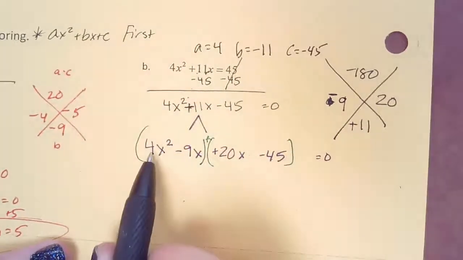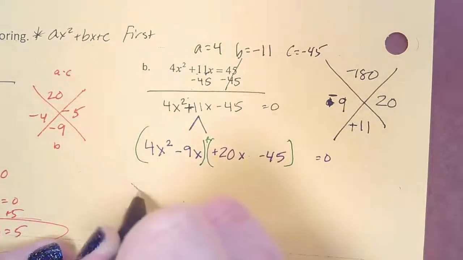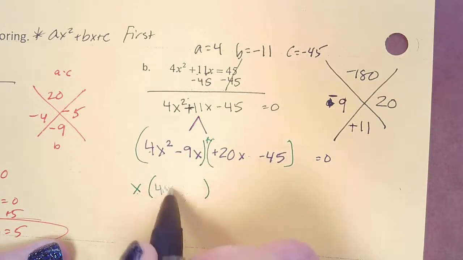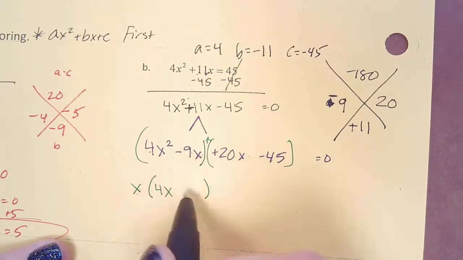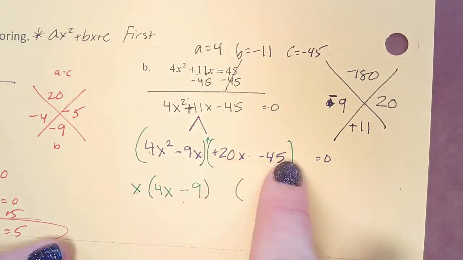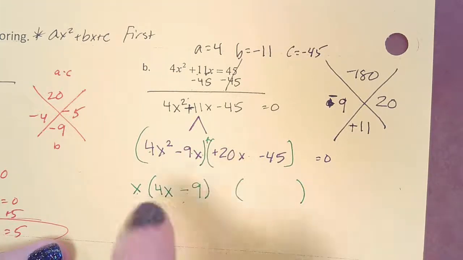My GCF of 4 and 9. I cannot divide out any numbers, so I'll just divide out x. So 4x squared divided by x is 4x. Negative 9x divided by x is negative 9. My next thought process is I need to get this parentheses to match this one. So I could be thinking, how do I get from 20 to 4?